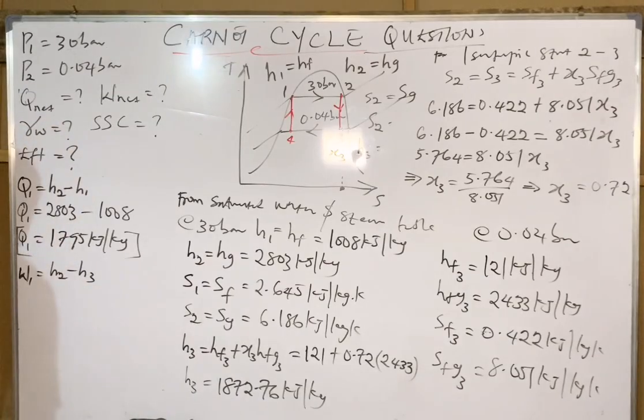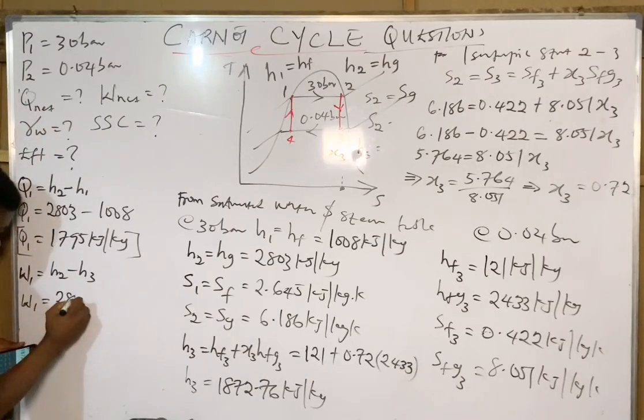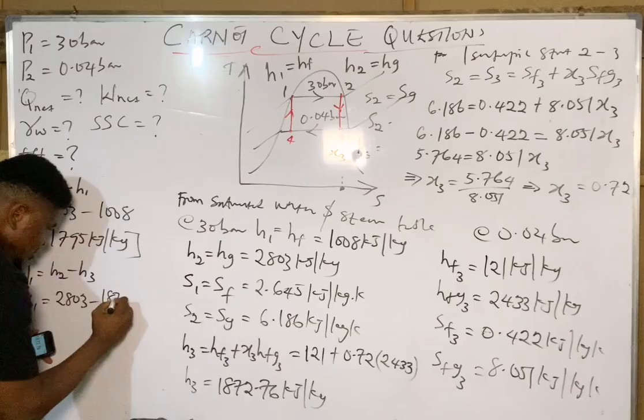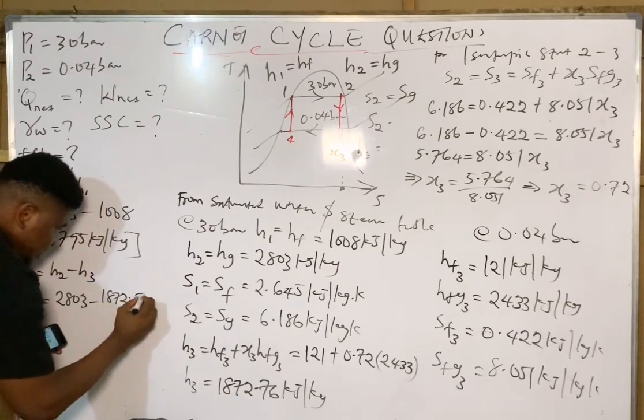Now we know H3, we can find the work done by the expander. So W1 is equal to H2. Our H2 gave us 2803 minus 1872.76.